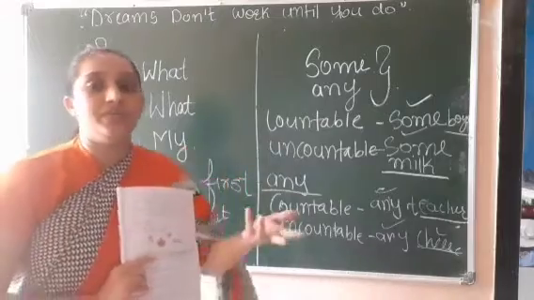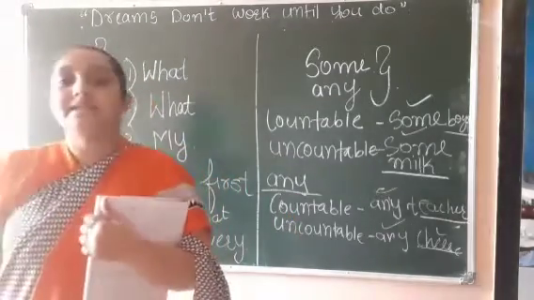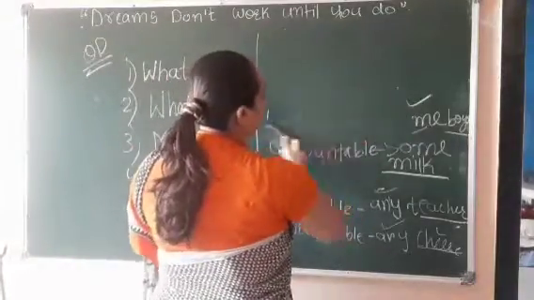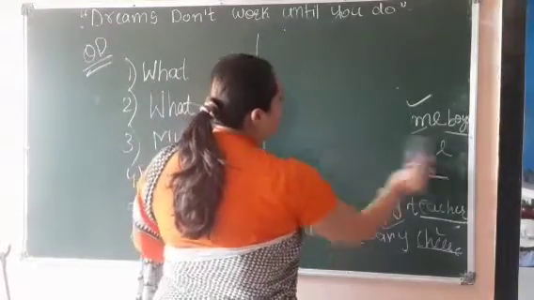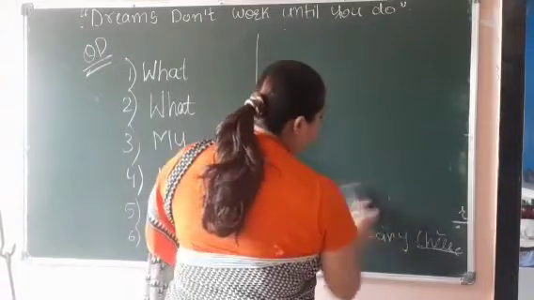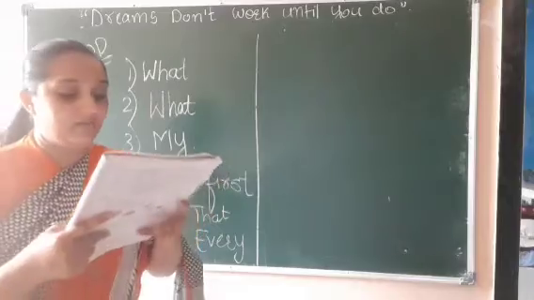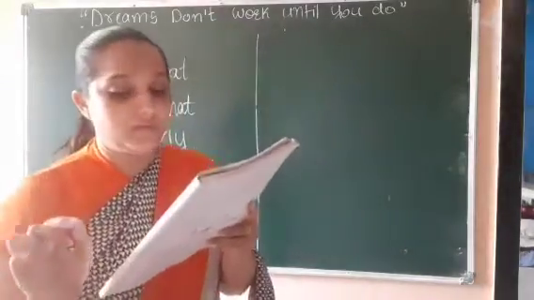But how to differentiate it in a sentence? In a sentence, how to use it? So listen to this carefully. In a sentence, how will you come to know when to use some and when to use any? That I am going to teach you now. Listen carefully to some rules that you have to follow.